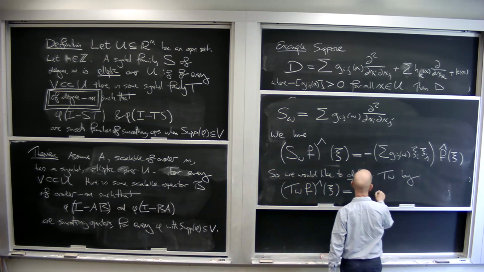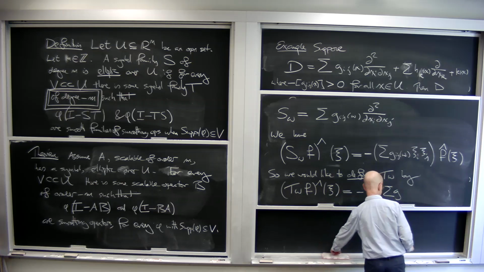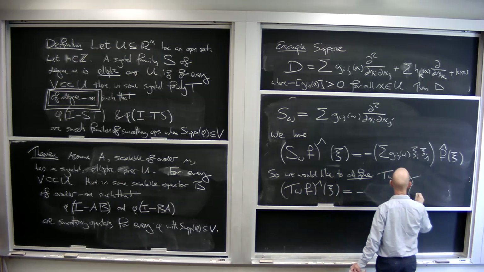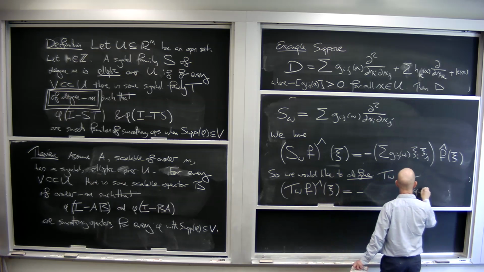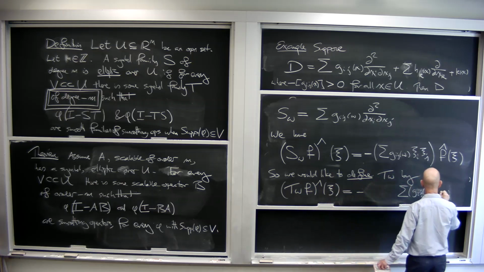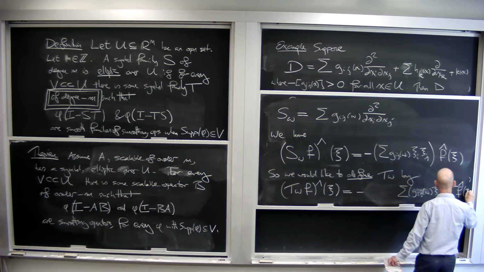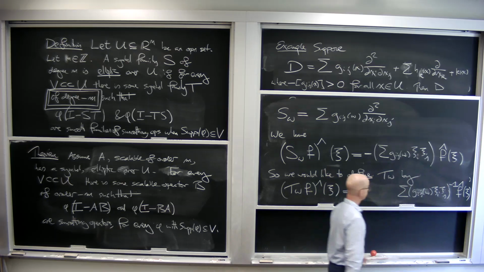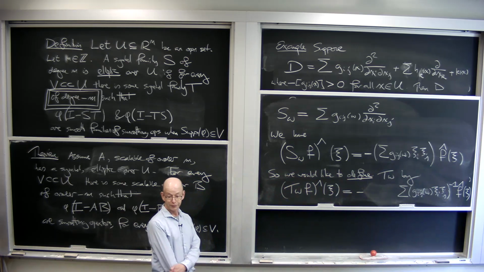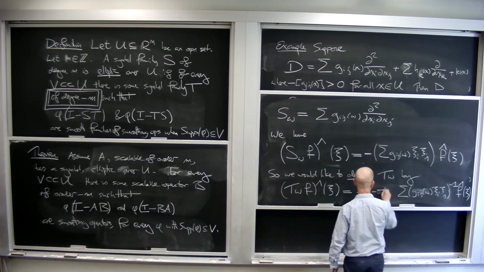I should remember the minus sign still. But there's an obvious problem with this formula, which is that the whole thing blows up in our face at xi equals 0. No problem. Let's just put in some little bump function like this.